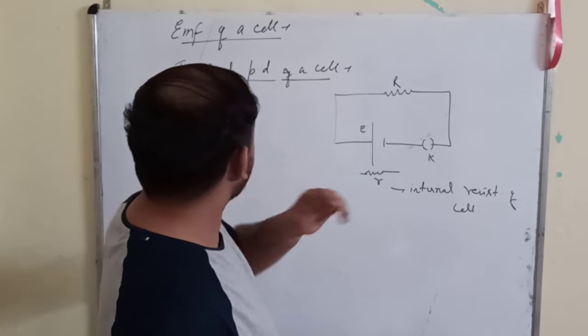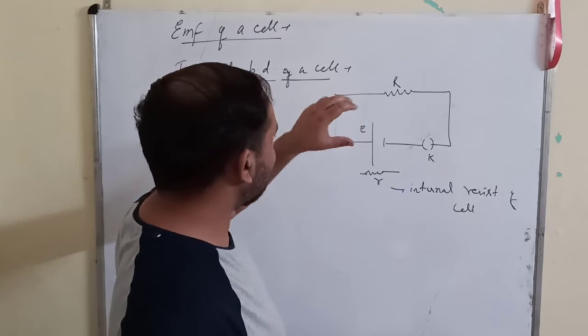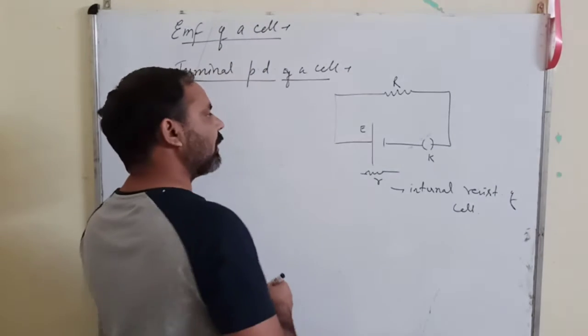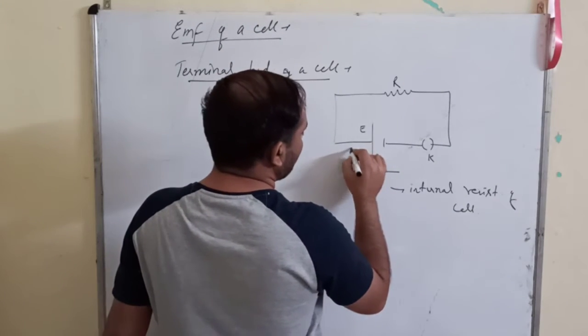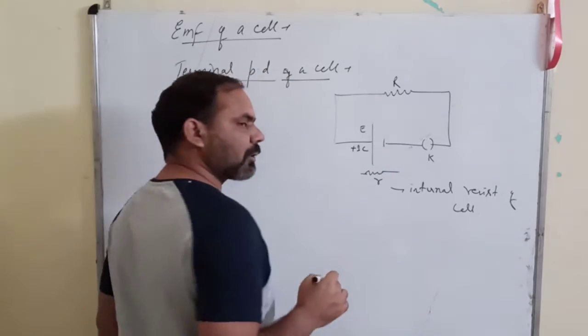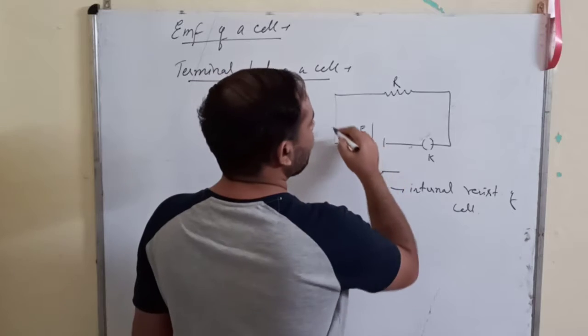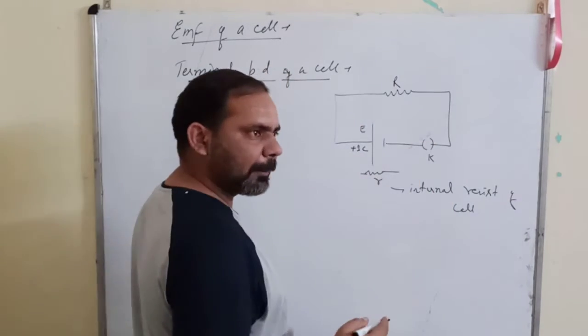Now, what do you understand? First of all, let me tell you the definition of EMF of a cell. Suppose we are taking a unit positive charge, plus 1 coulomb, from the positive terminal to the negative terminal.